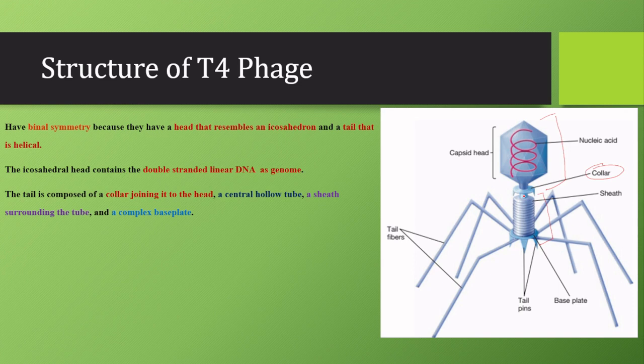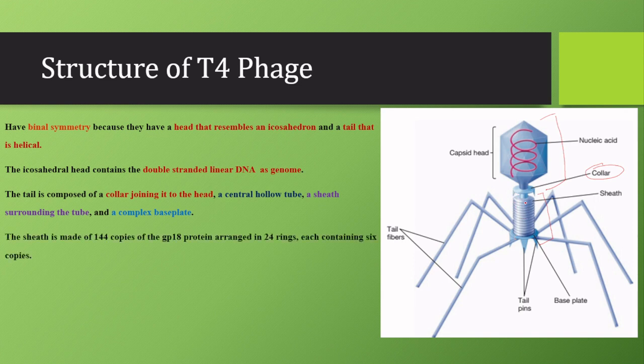The tail is hollow so that the phage can inject its genetic material into the host through this hollow tube. At the base of the tail, we can see a base plate. This base plate is hexagonal in the case of T4 bacteriophage.